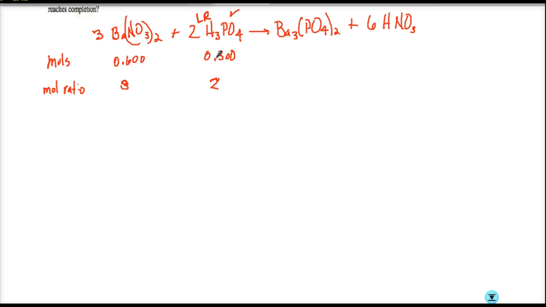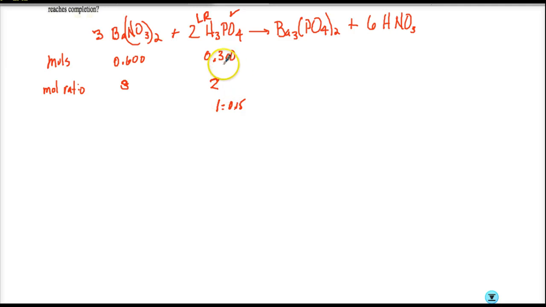But if this is 2, what would the 1 be? If I put it all on a level playing field, because this one goes away first. So the 1 in this reaction is going to be half of that. So it's going to be 0.15. If you don't understand that, don't worry, it'll get better.